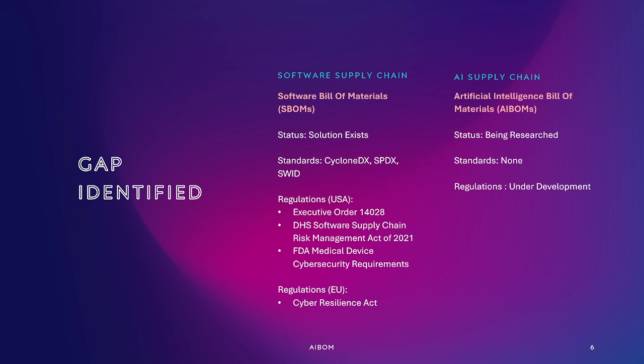When it comes to AI supply chain security, the concept of an artificial intelligence bill of materials is fairly new, and it's an emerging concept. It's being researched and discussed widely in the industry. There are no concrete standards available except for ISO 42001, but it doesn't give you a definite structure or propose something like an AI bill of materials. It just speaks of vendor risk management pertaining to it.